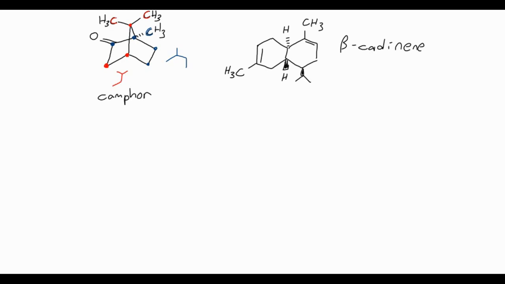So where are our terpene or isoprene units again? Well, we have 1, 2, 3, 4, 5. So anytime you see any of this branching happening, that's a good sign of a terpene. We also might have, here's another branch here. 1, 2, 3, 4, 5.